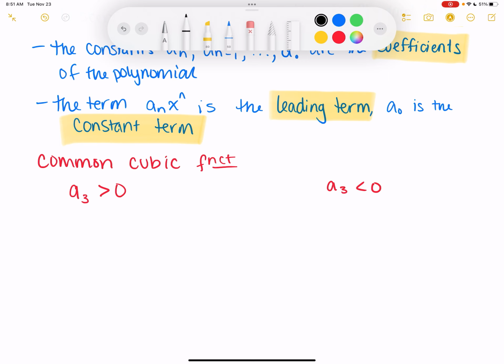I'm not even plotting them on an axis. I'm just going to show you what a rough sketch would look like so that if you see it, you can be like, that's cubic or that's quartic. Okay? So those are the greater than 0 ones. Less than 0. Something like that.